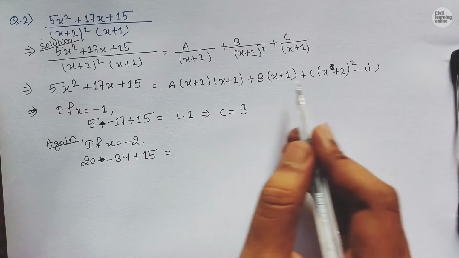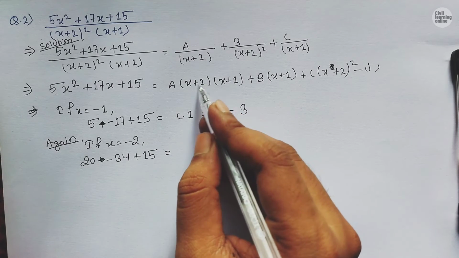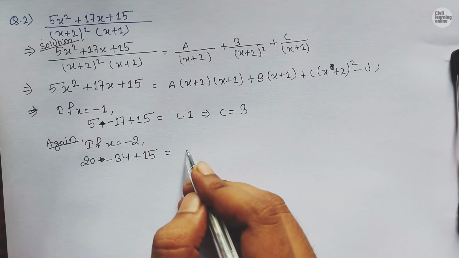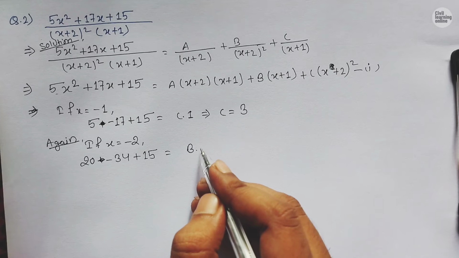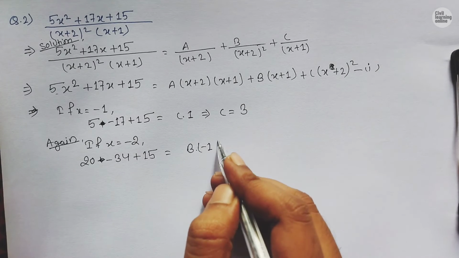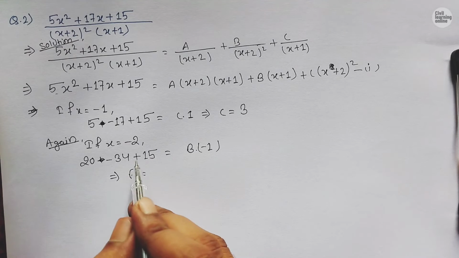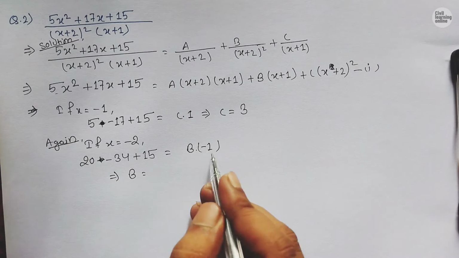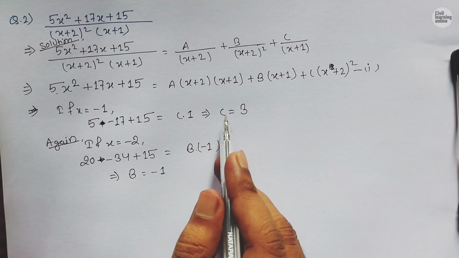Now this term and this term will get converted to 0 because minus 2 plus 2 is 0, so we will have b times minus 2 plus 1, which is minus 1. So from here we will have b equals to 35 minus 34, 1, and this minus will go to this side, so b equals minus 1. Now we have calculated the value of c and b.